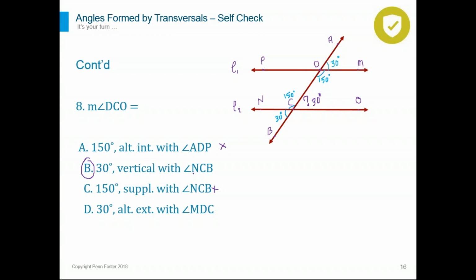Is it vertical with NCB? Is this angle vertical with NCB? Yes. What about the other option? Is it alternate exterior with MDC? Well, the angle itself is interior, so that is right away no. So the only right answer is B, vertical with NCB, and it measures 30 degrees.